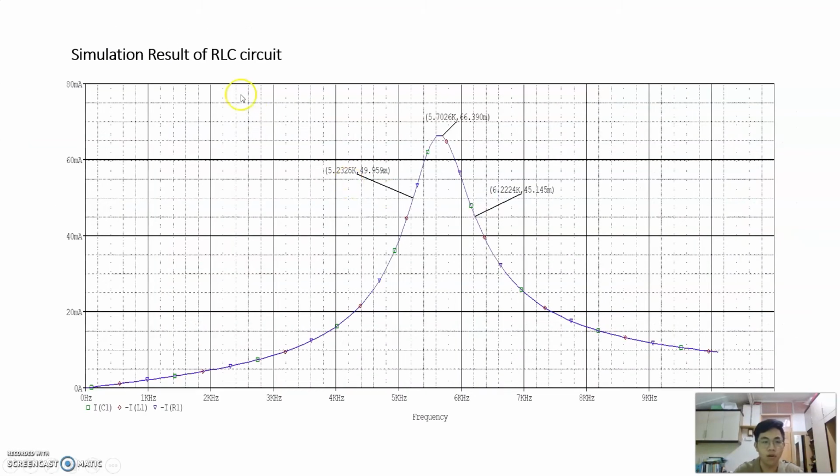This is the simulation result of the RLC circuit on Pspice. I can get the resonance frequency from the top of the graph, which is 5.7 kHz. In order to find the two half power frequencies, I need to do some calculation.